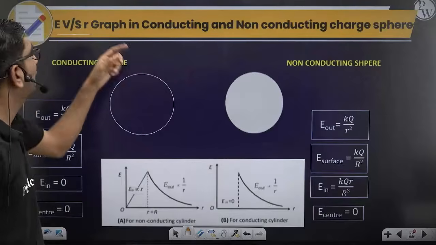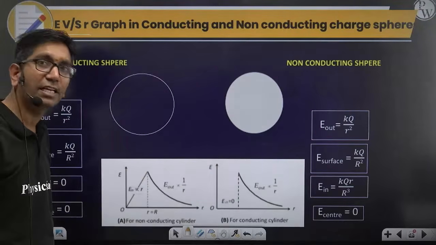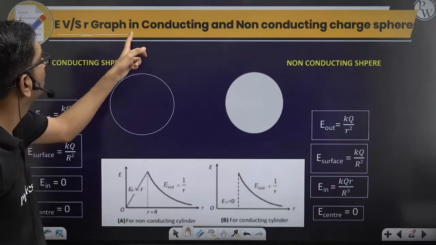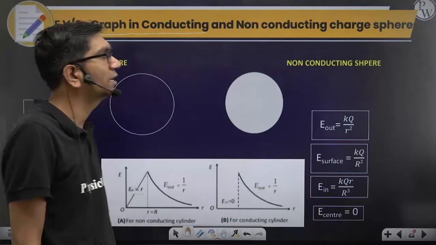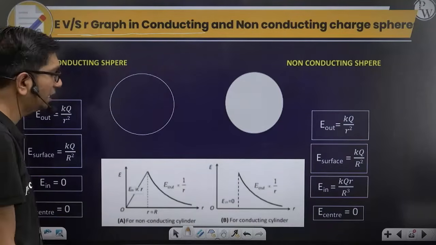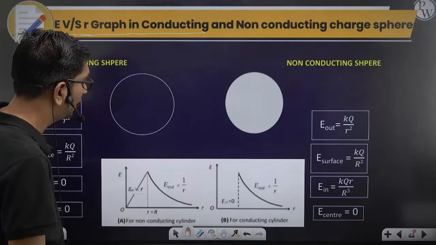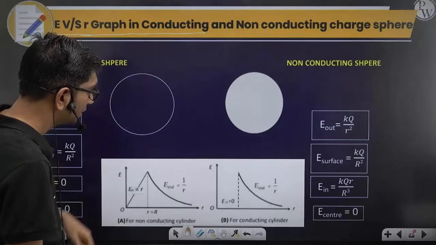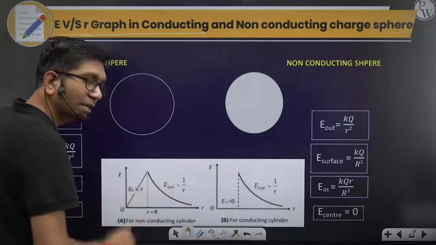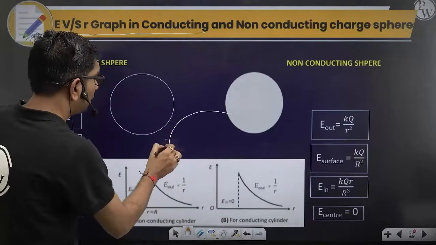Now, electric field intensity versus small r graph in conducting and non-conducting charged spheres. Now let us see the graphs here, beta. Actually this graph should be here and this graph belongs to this one.